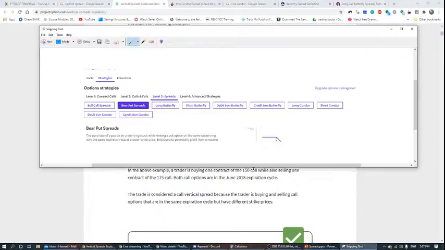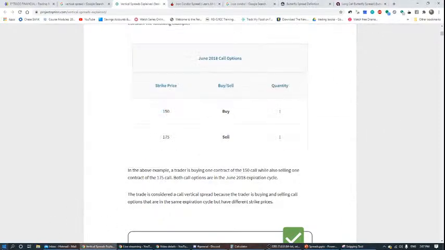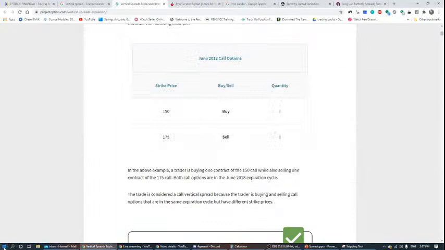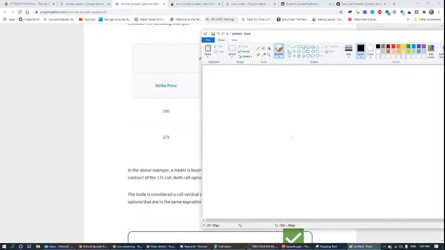So, I can draw. I'm gonna start drawing. I'm gonna do Paint. So let's see, 150. This one right here, let's say it was $2, and this one was $2.